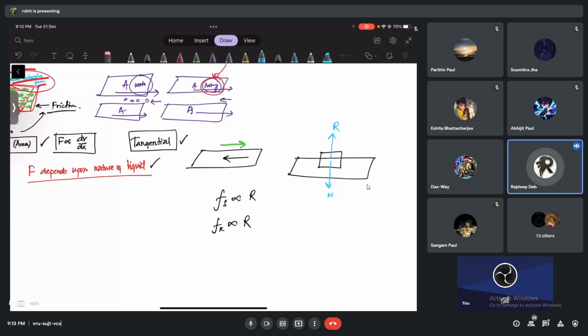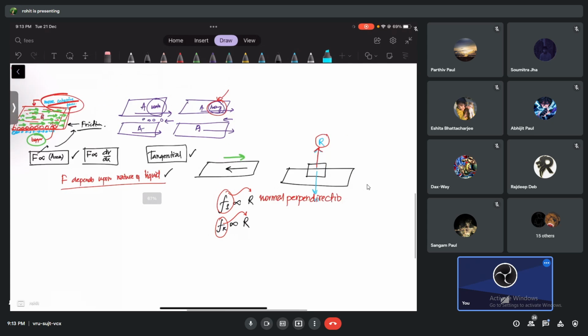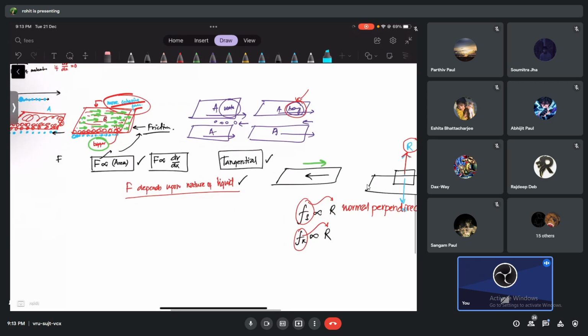The friction will oppose the motion, but friction acts because of the normal reaction. That means frictional force is in which direction? That's how it obstructs this motion, but the direction of friction is normal, perpendicular. Can you understand the difference between friction and viscosity?